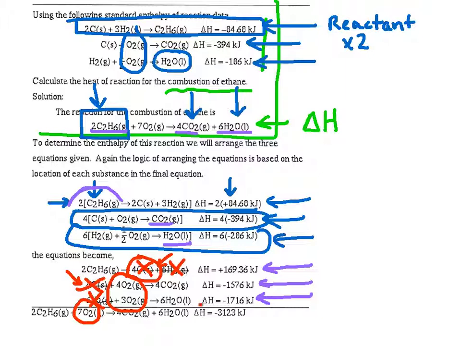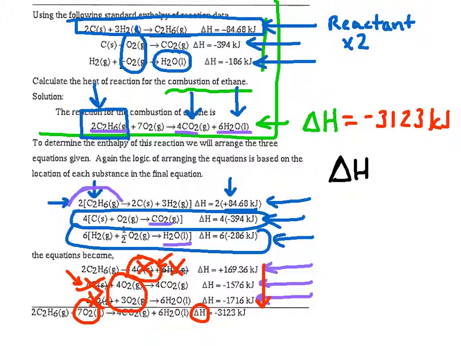To get the delta H in the end, you just have to add up all of these values, and you've got delta H for the equation. So once we figure out delta H, it's minus 3,123 kilojoules. All right. So in theory now you know that delta H can be found two ways.